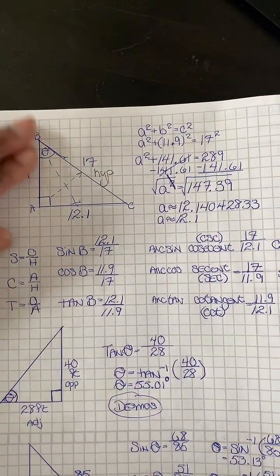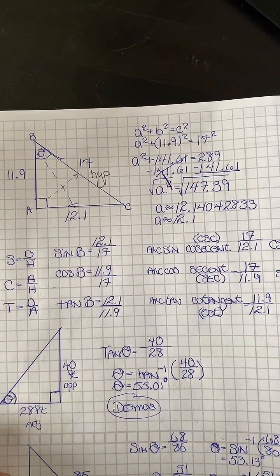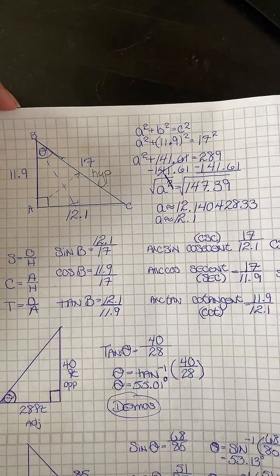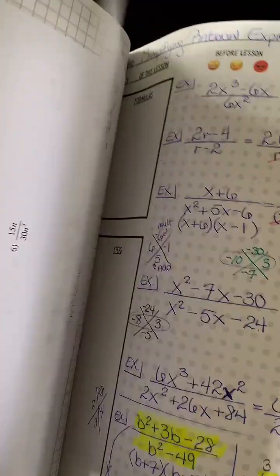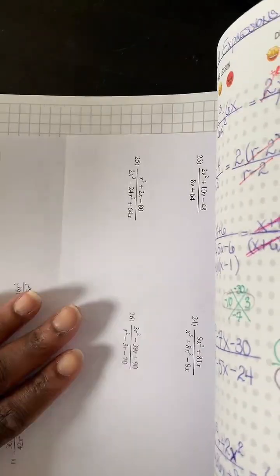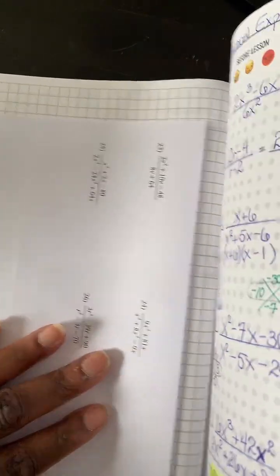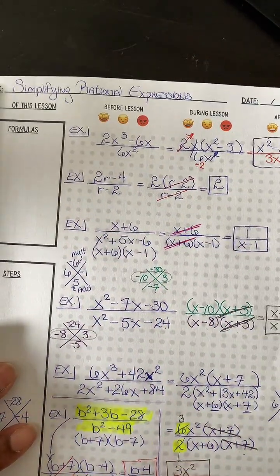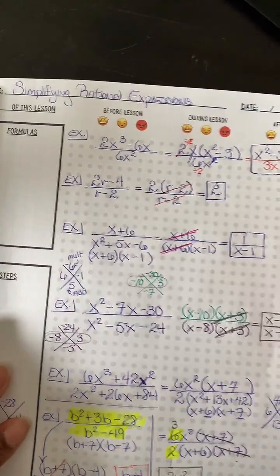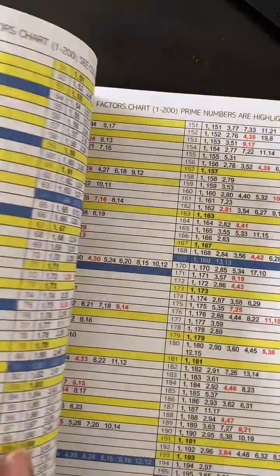Although you have all your information here, you also have space on the other side, which gives you a regular grid that you can do more practice problems with, or if you have a piece of paper given to you by your teacher and they said keep it in here, you can summarize the stuff on the other side so you can keep track. So you get 100 pages of those.